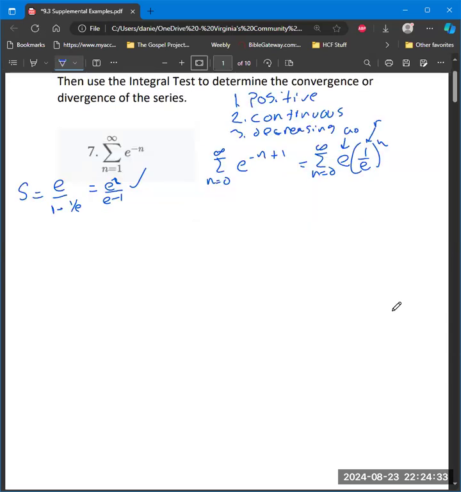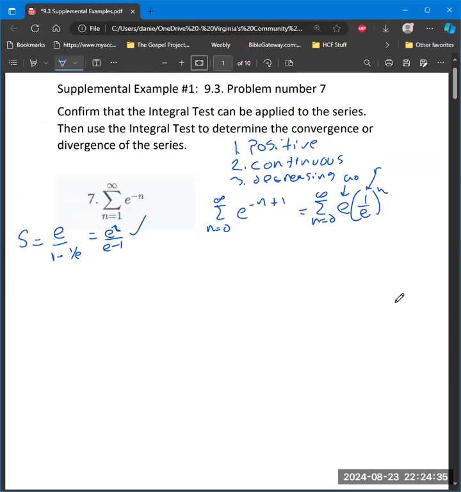Let's go ahead and use the integral test here. So this f of x that we're going to test is 1 over e to the x.